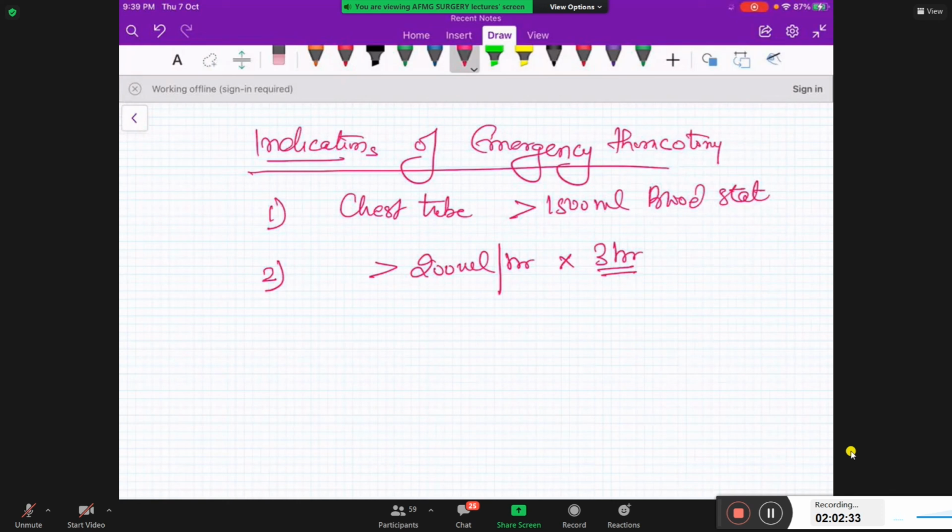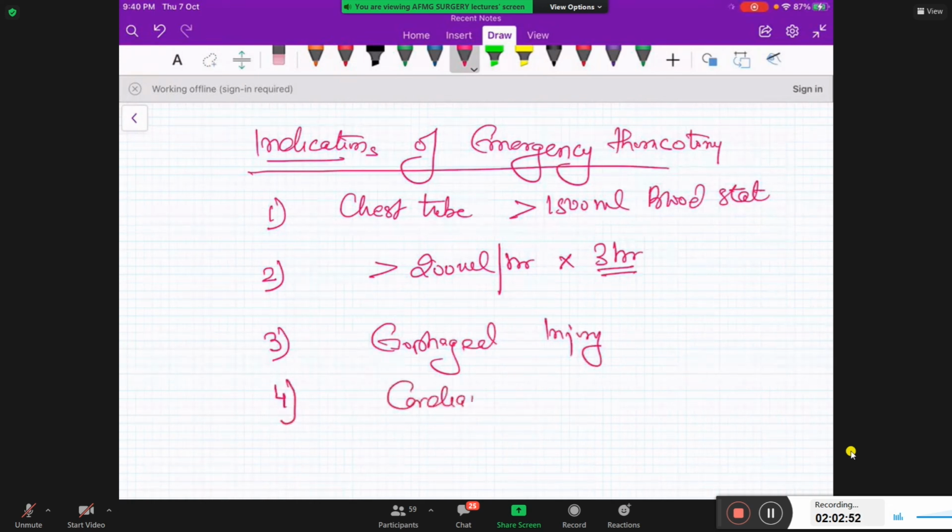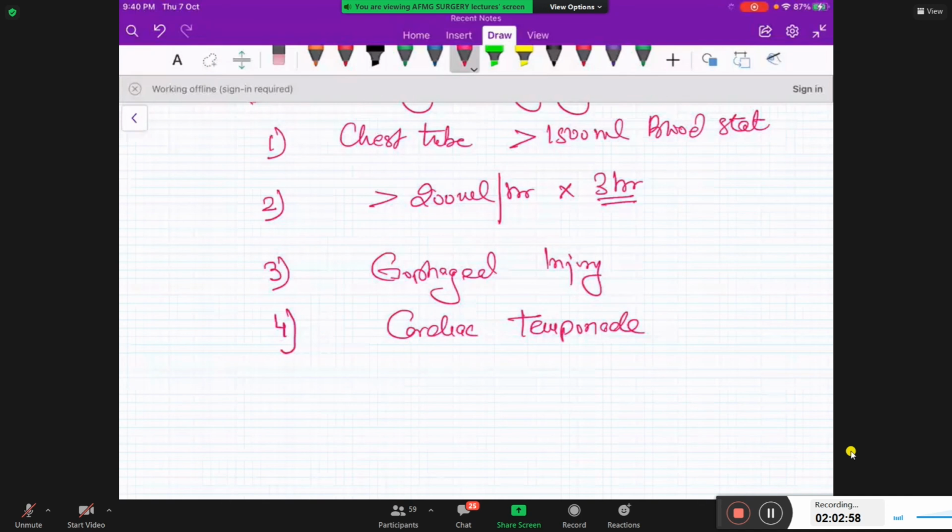Then also you have to open the thorax. Third, esophageal injury. Fourth, cardiac tamponade. We'll be talking about cardiac tamponade.